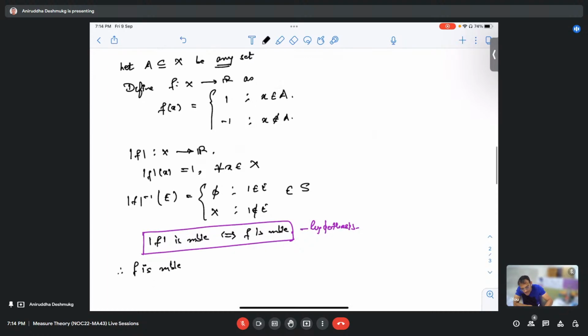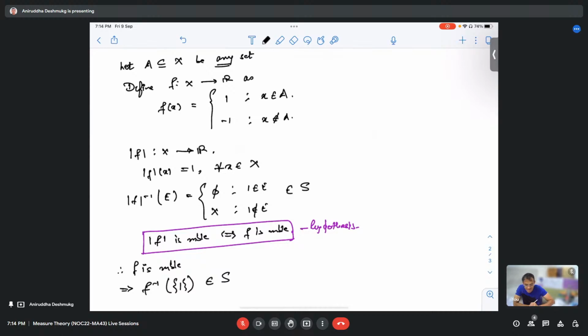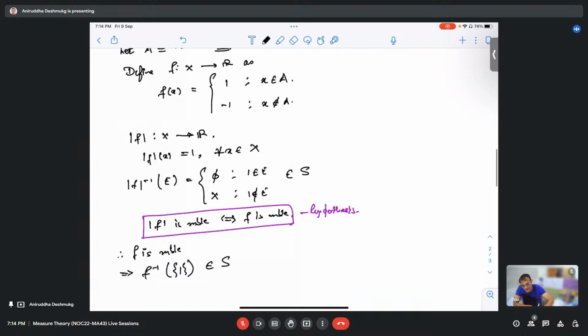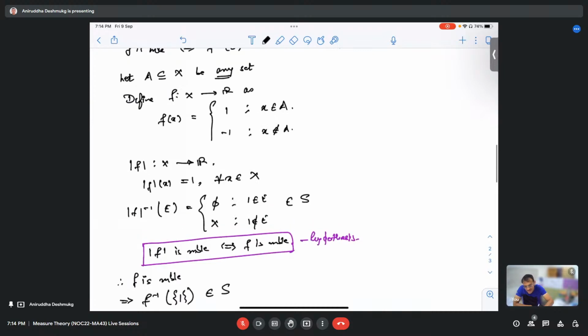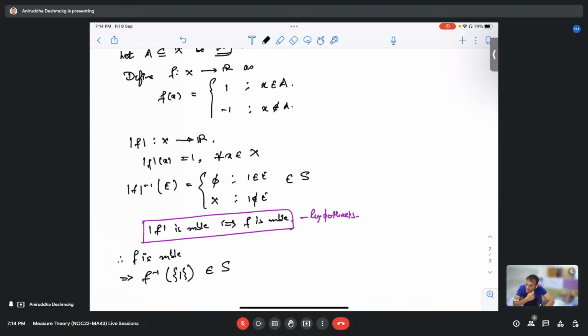But f is measurable means the pre-image of the singleton {1} must belong to S. Is the singleton {1} a Borel set? Yes, sir. So what is the pre-image of the singleton {1}?